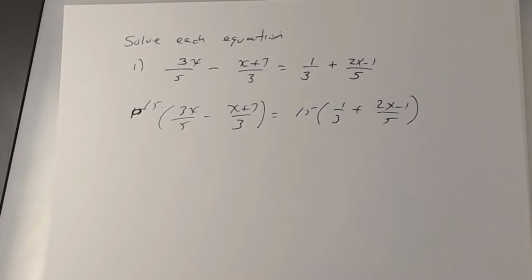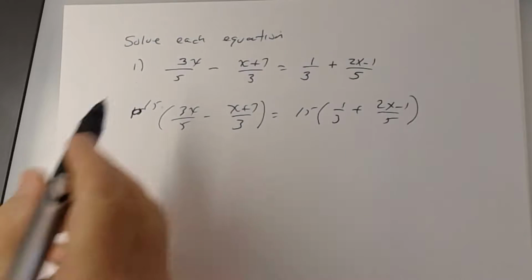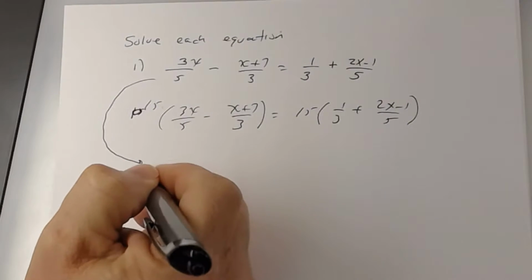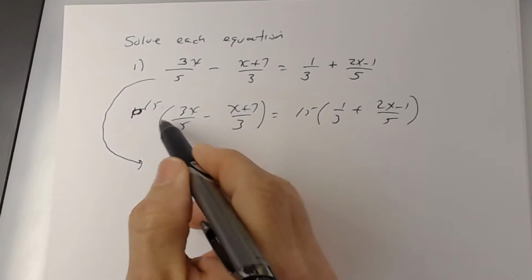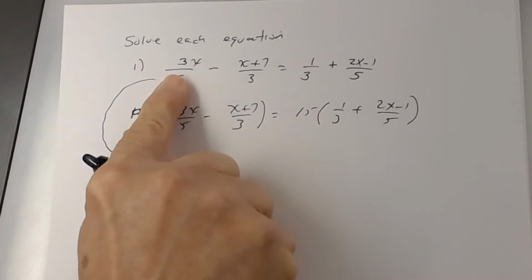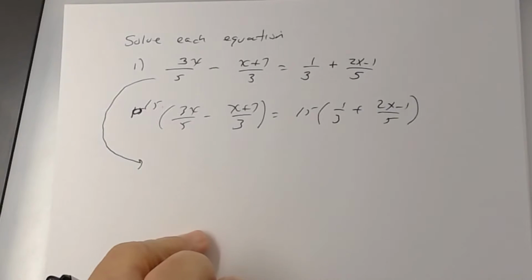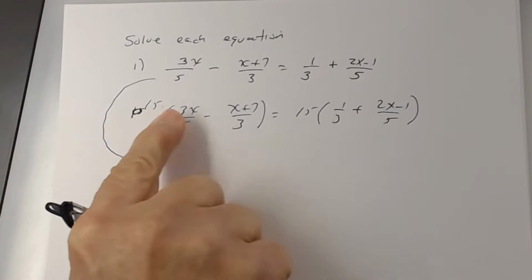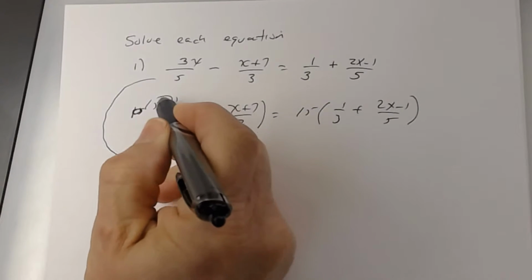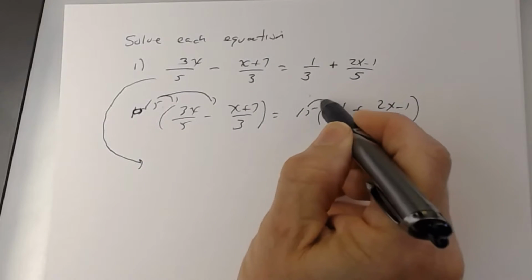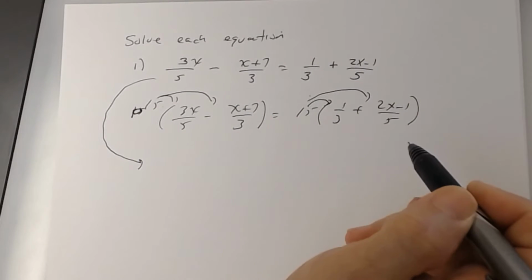But we noticed that we could have skipped that step and just go from here to what I'm about to write. Because at this point, if you had written this step, you would notice that all of these fractions have to multiply by what number? 15. So 15 times this, 15 times this, 15 times this, and 15 times this, right?